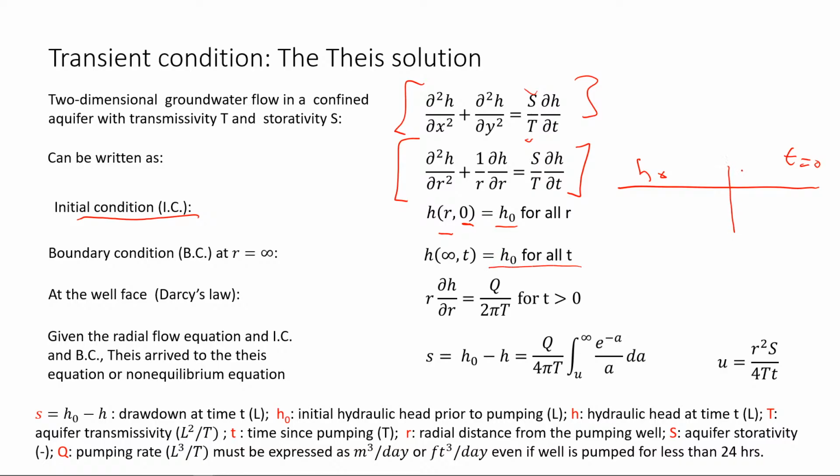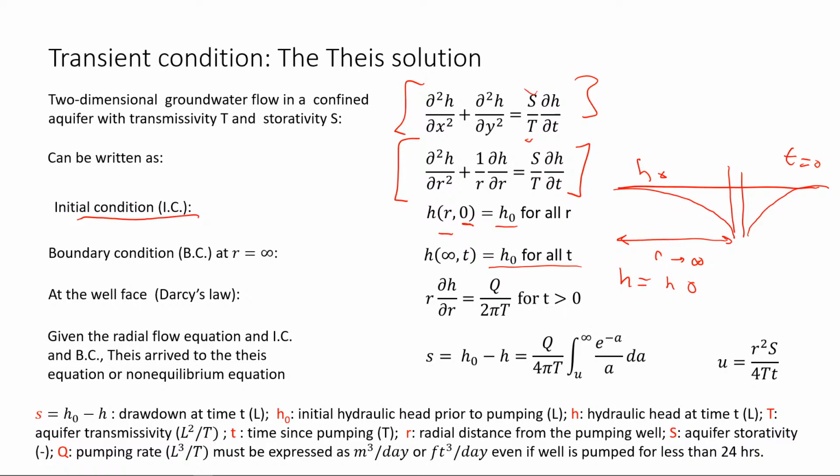So if you are pumping from here, then that's how your drawdown will look. So basically what we are seeing here, that's h naught. As r goes to infinity, h will be equal to h naught.